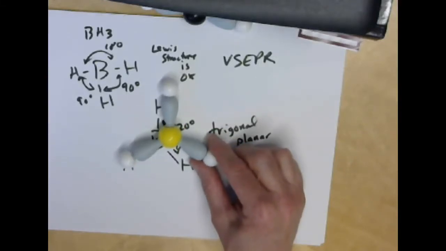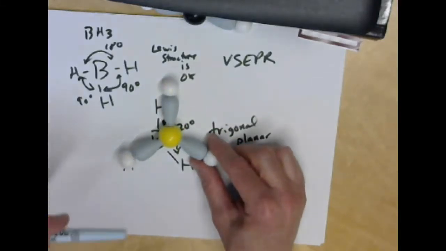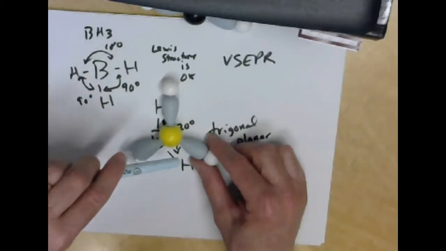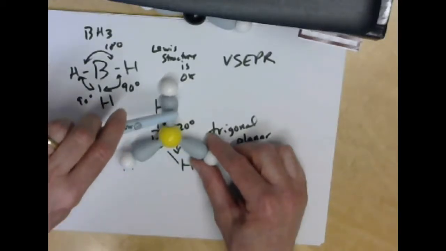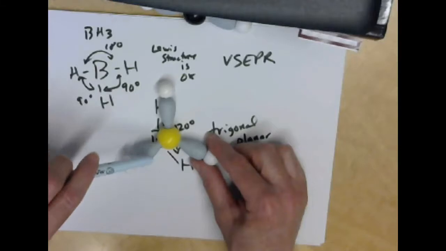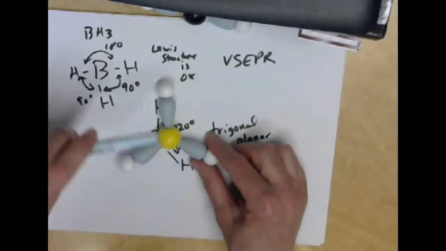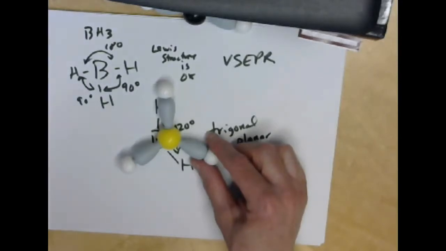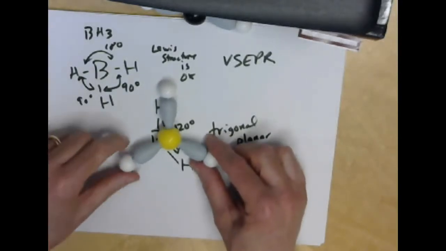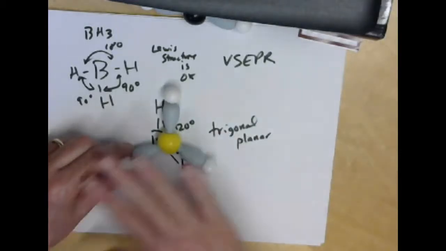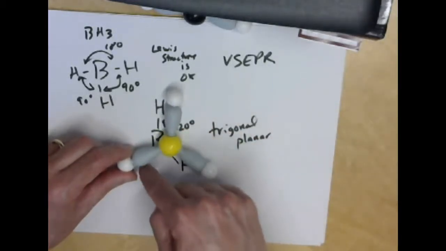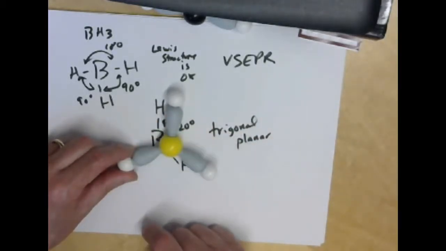It's also a trigonal planar molecular geometry. The electron domains talk about how those domains arrange themselves. Here are the single bonds. The molecular geometry talks about how the atoms are actually arranged. And here the two are the same, electron domain geometry and the molecular geometry. This molecule's all four atoms lie on the same plane. All those bond angles are 120 degrees.